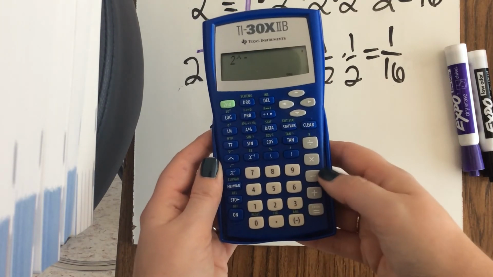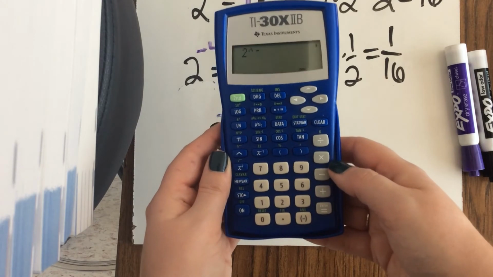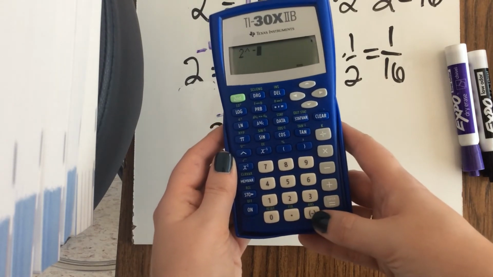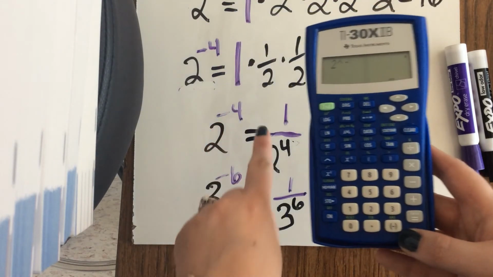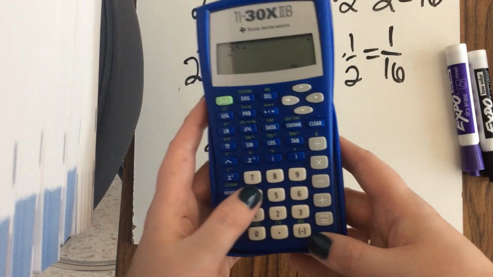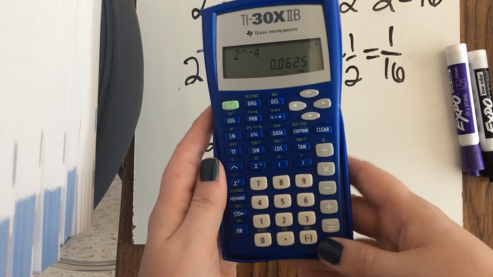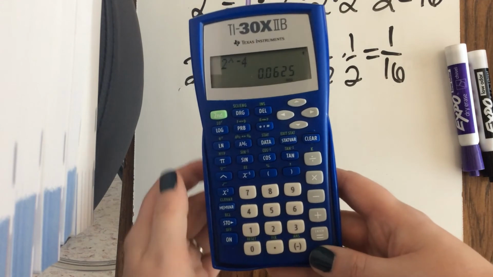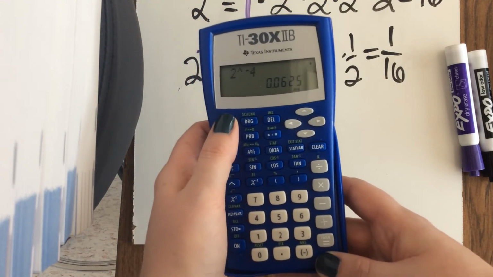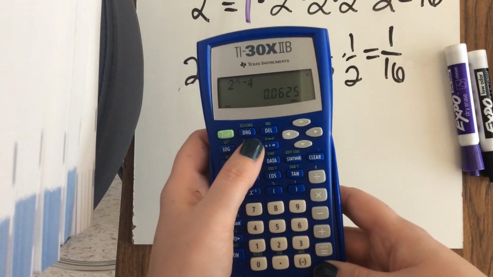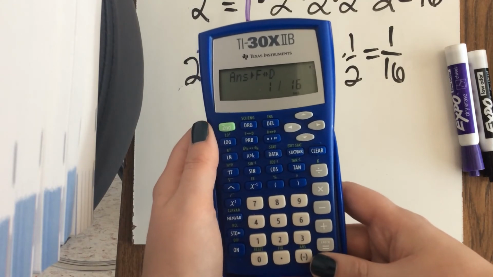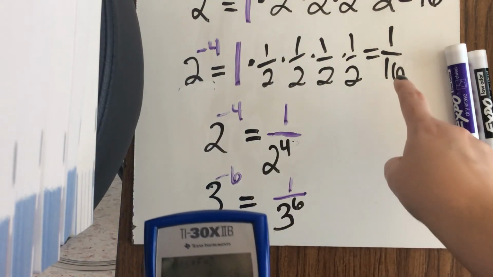So don't use the minus, because if you use the minus sign, it won't work. So you need to do the negative. So 2 caret negative 4 equals, and you're going to get something that looks kind of like this with the decimal. So I'm going to second fraction of decimal, and I got 1/16.